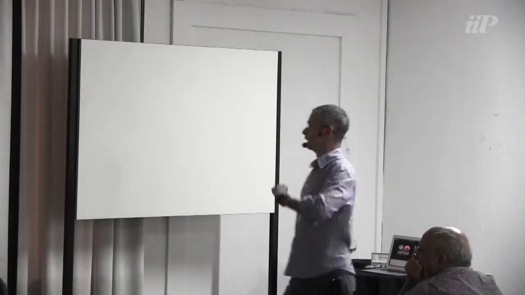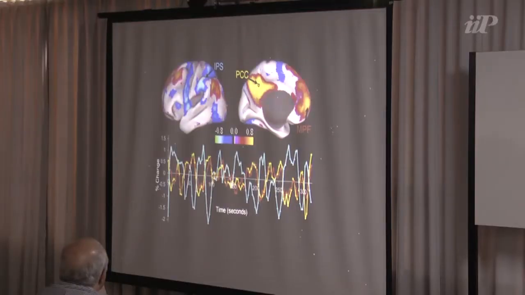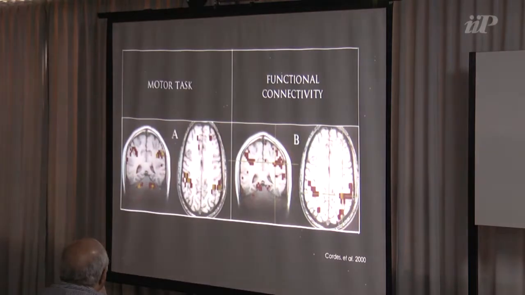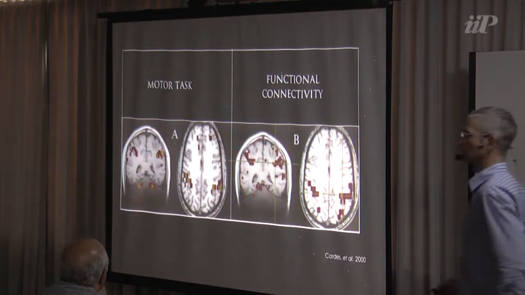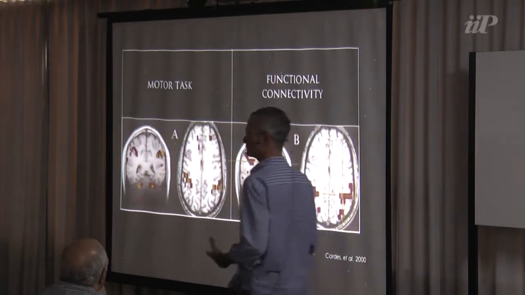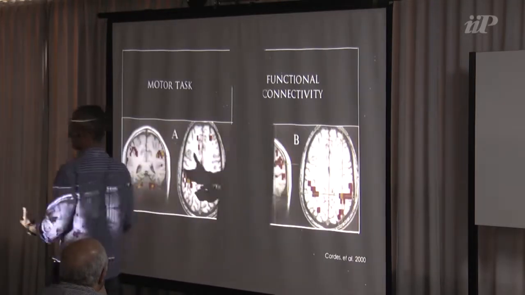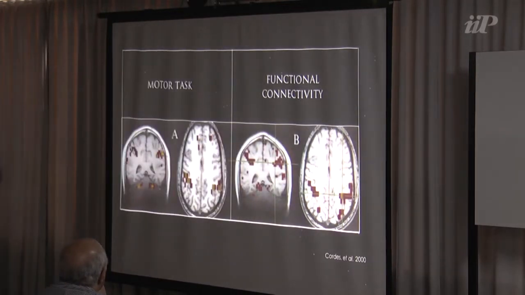All right. So what was the first thing that people did with it? They looked at whether this strategy was capable of understanding how the brain is functionally connected, and not structurally connected.